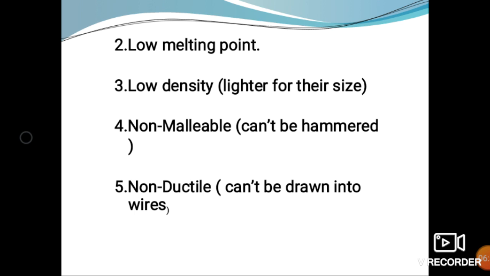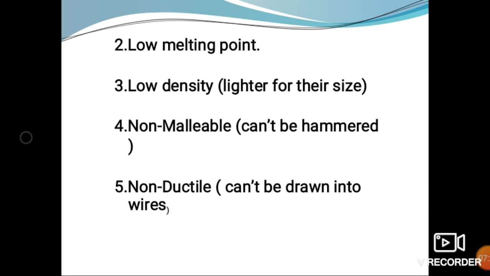This low density is the opposite of metals. Metals have high density and non-metals have low density, lighter for their size. Gases like helium, neon, argon, krypton, xenon, radon, all those things are lighter for their size, like hydrogen also.